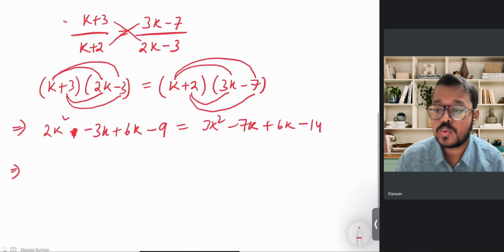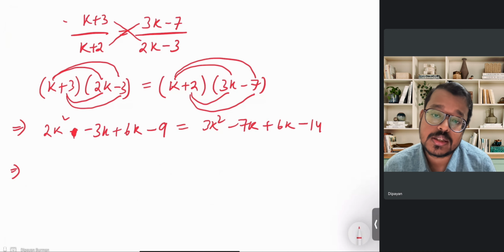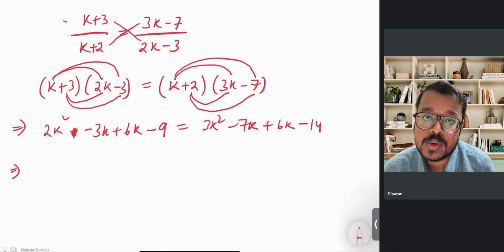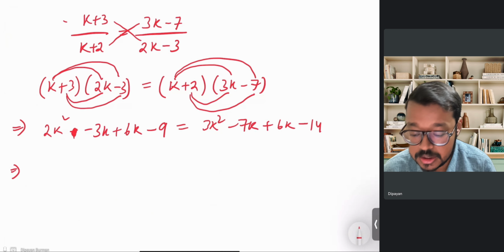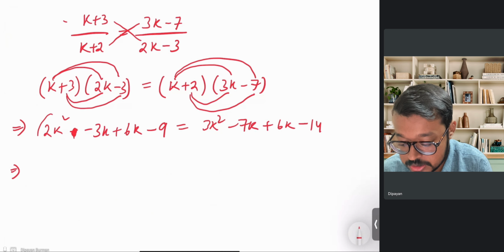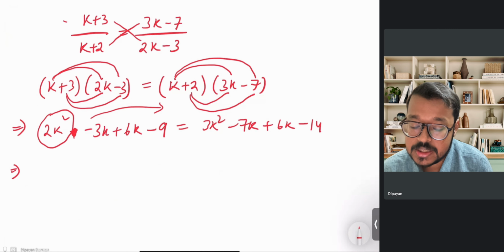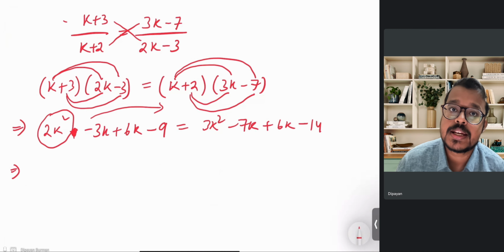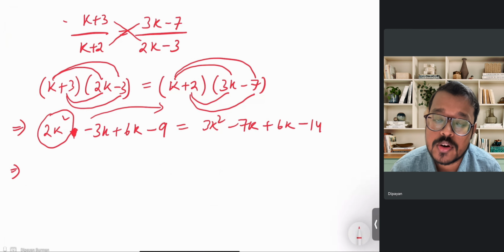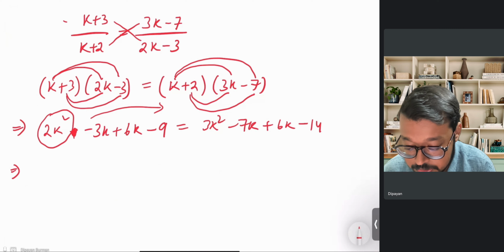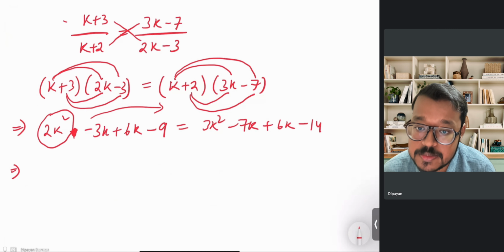Now we have 2k square on one side, 3k square on another side. So k square will not be cancelled, but that's okay. Let's move everything to the right side, so that one side is 0. So 2k square on the other side is minus 2k square.